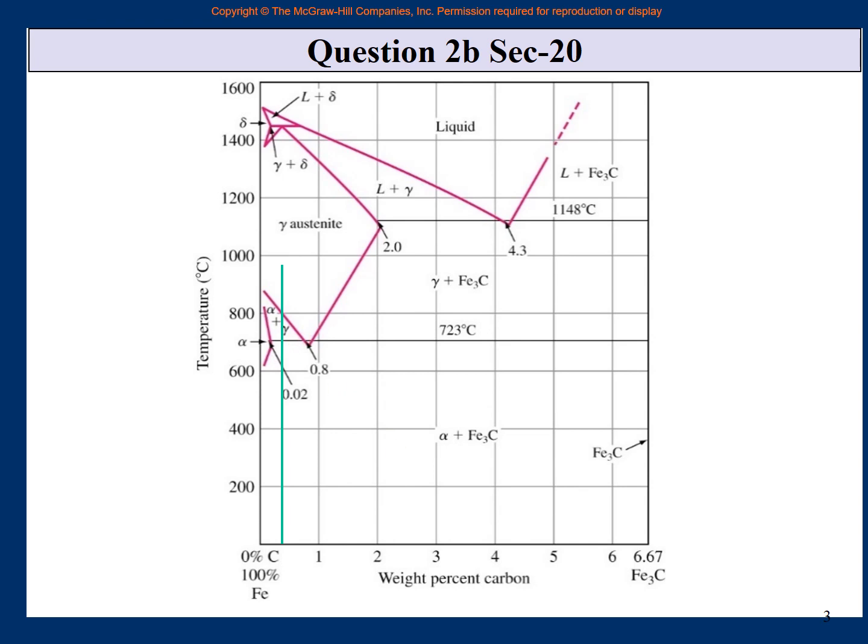As soon as you come below this temperature, you find the total alpha, and finally total minus pro-eutectoid will be the amount of eutectoid alpha. As far as the cementite is concerned, there is no cementite formed here. So whatever cementite you find just below 723, you call it total cementite, or eutectoid cementite, or just cementite.